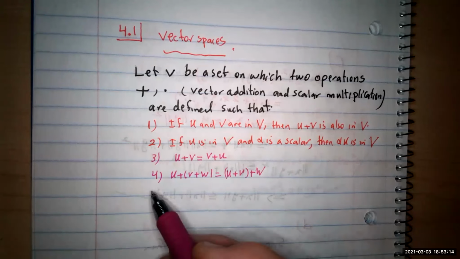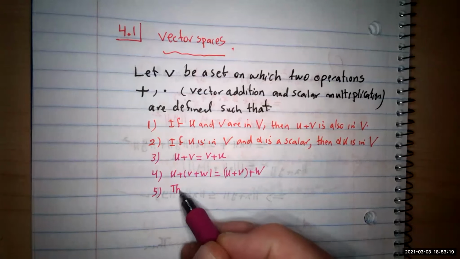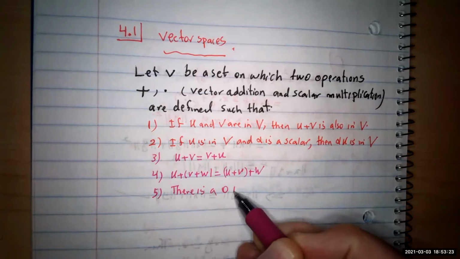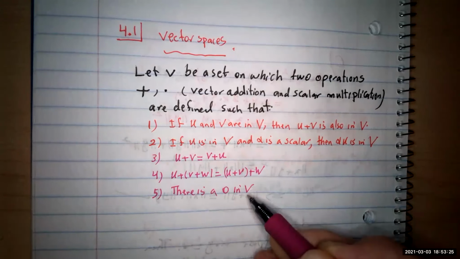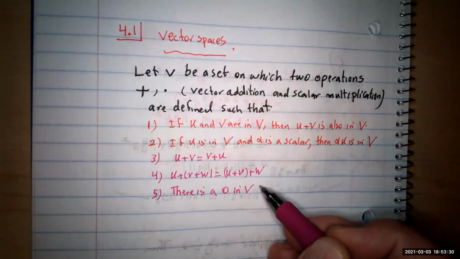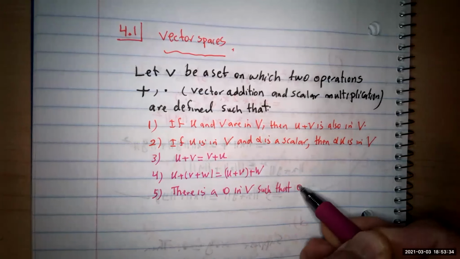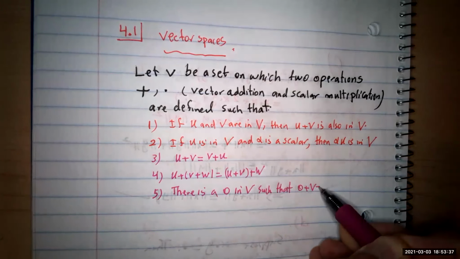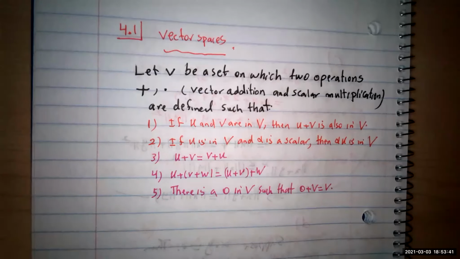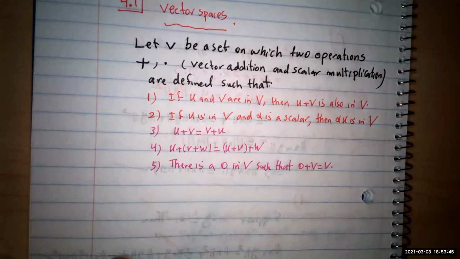You must have a member that we call the zero member. So there is a zero in V, such that 0 plus v is equal to v. So you have to give us this member. Your vector space would have a zero element.